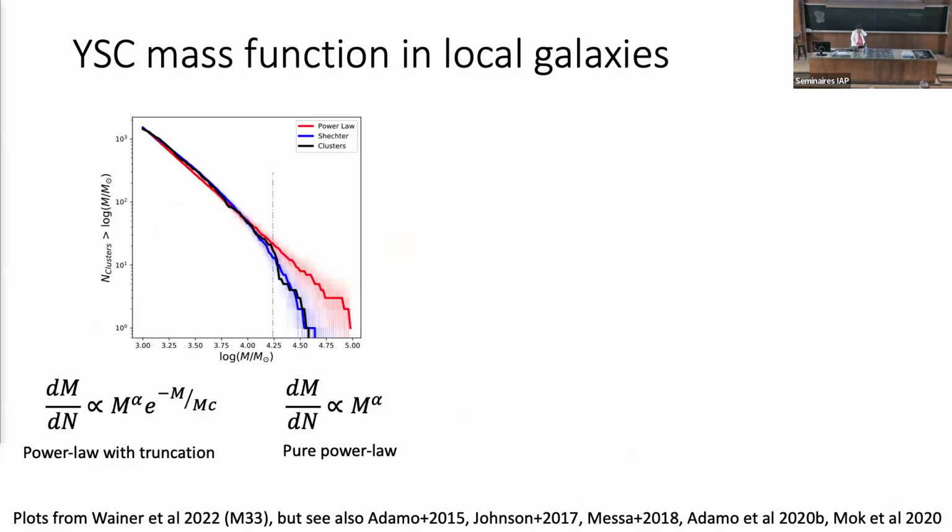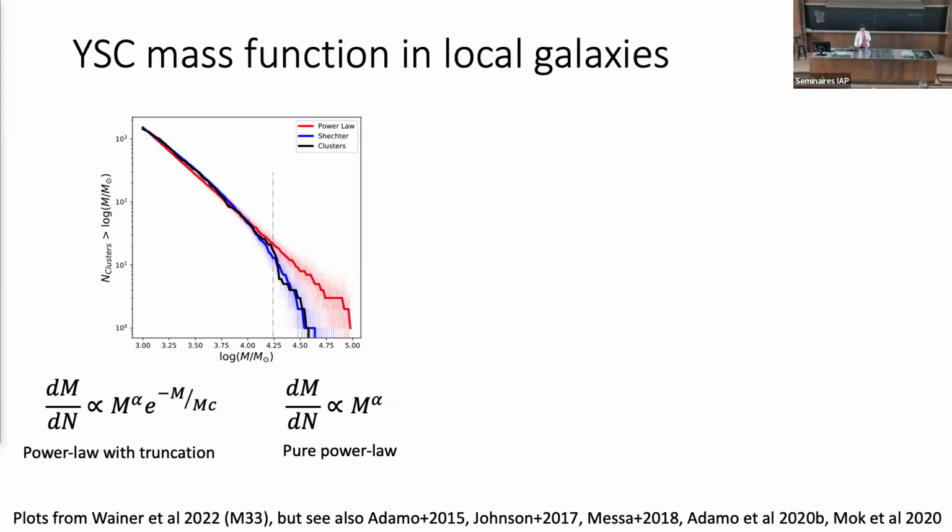And finally, one last introductory slide is about the mass function. I know you all know that the mass function of star clusters is a power law. But actually what we have been doing in the last years is to determine the high mass end shape of the mass function.